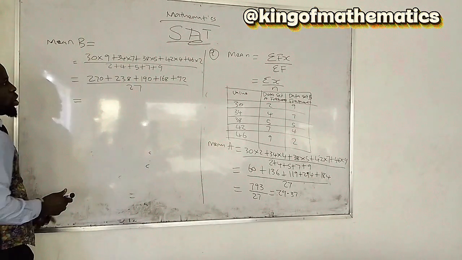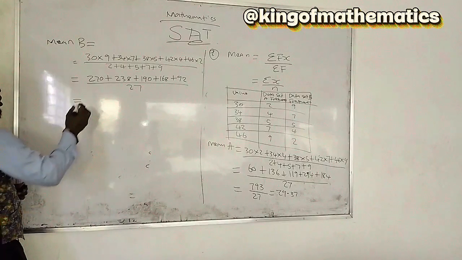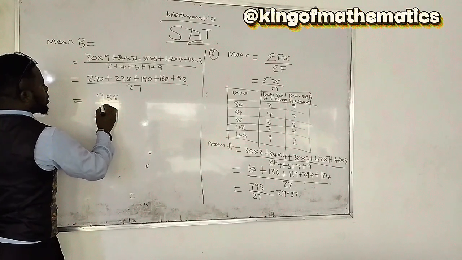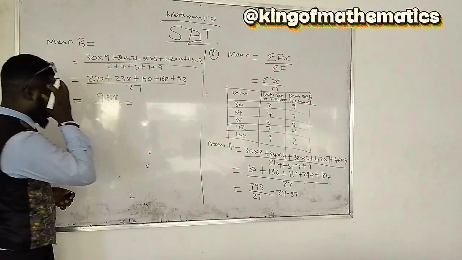And that's giving us what? 958 over 27, which is what?